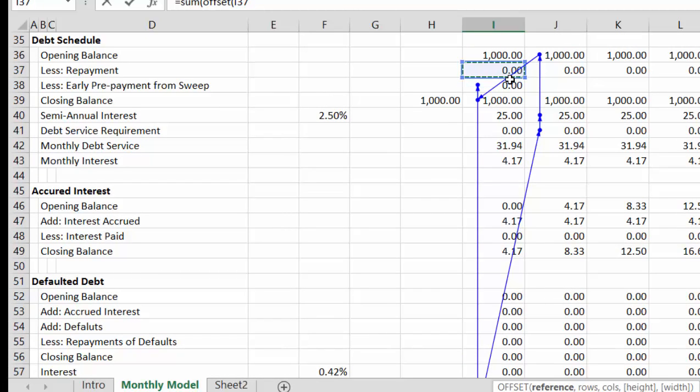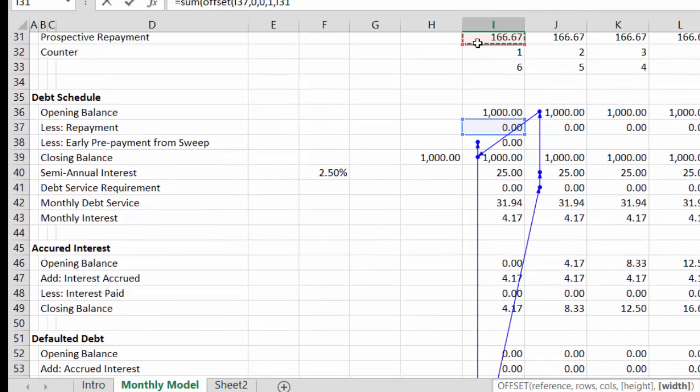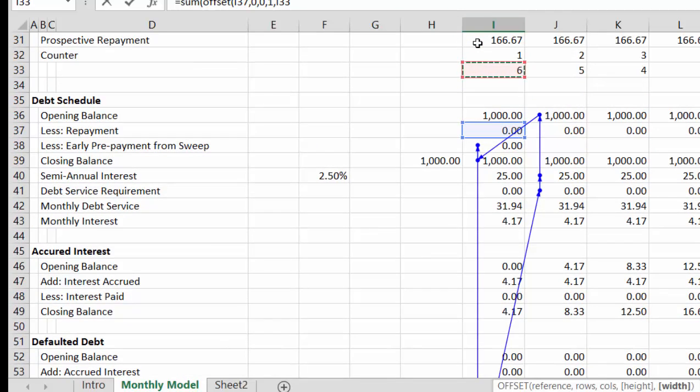I'm only going to account for the repayment. So we put this, 0, 0, 1 for the height, and then I did something. I spent a little bit of time here. I kind of cheated. And then we'll go forward 6 months. Okay?